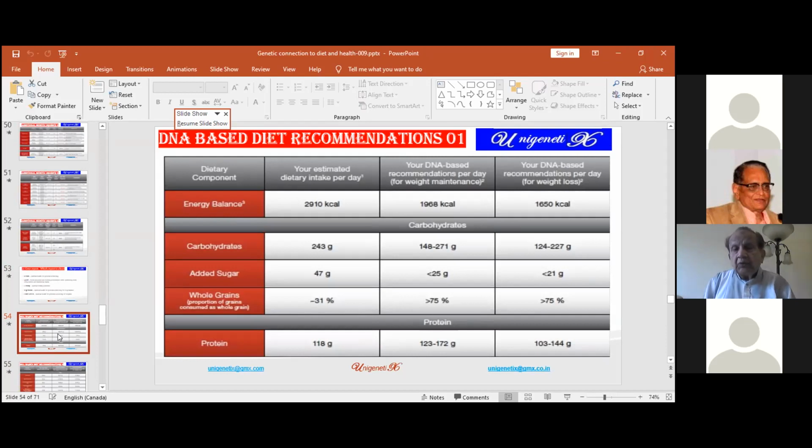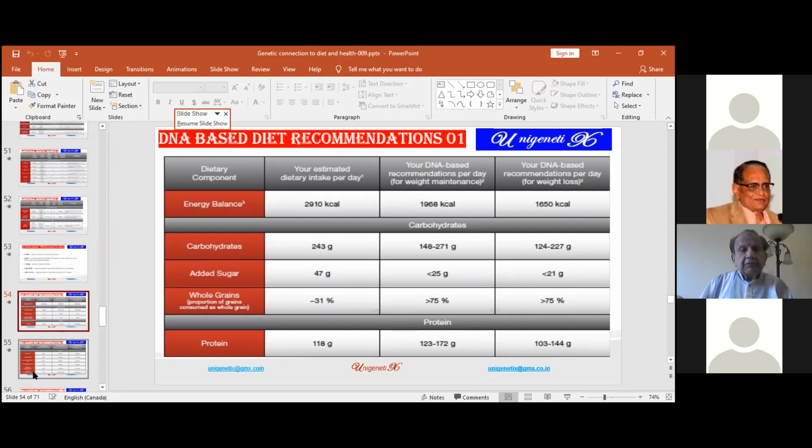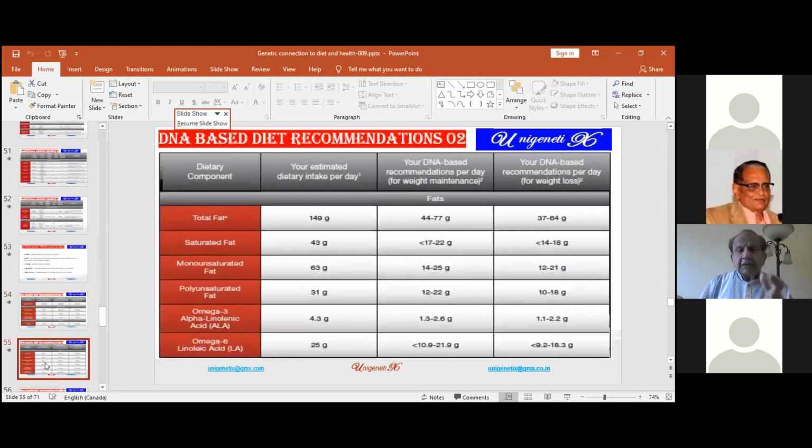Carbohydrates, 243 milligrams is your intake. Recommended is 148 to 73. Sugar, etc., etc. These are actually in your report. So it is given hand-fed to you, all these things, what you submitted for the report, the actual diet intake of the patient. Then based on the report, what they recommend.